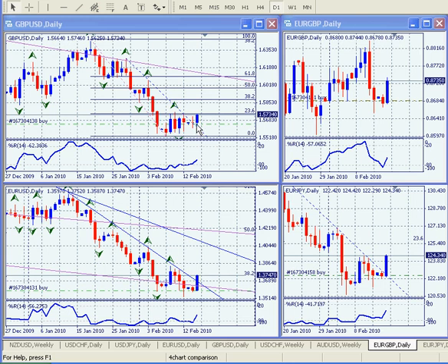And it's currently working on the high side together with the weakness of the dollar, although as far as the dollar is concerned, it's still established on the high side.